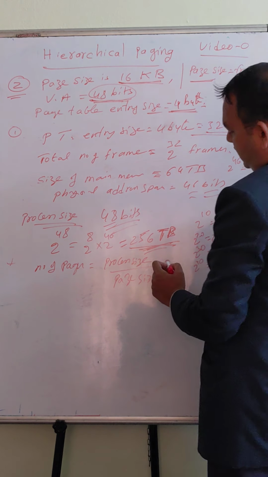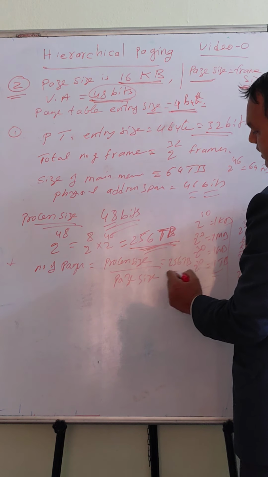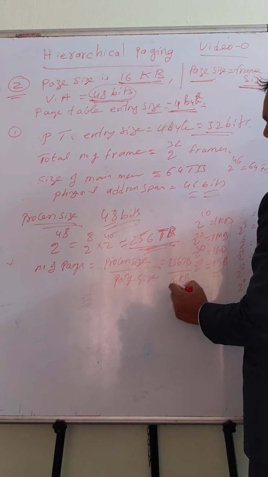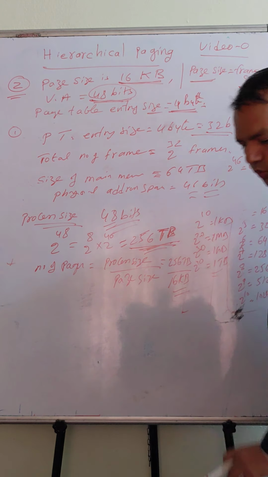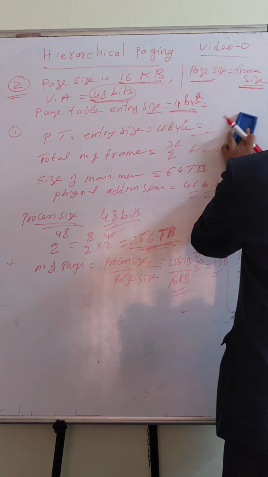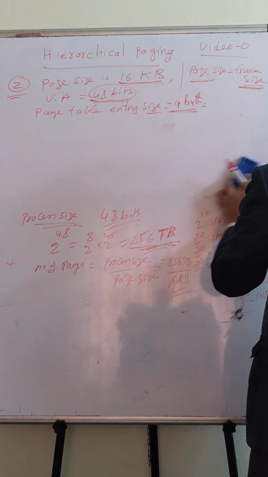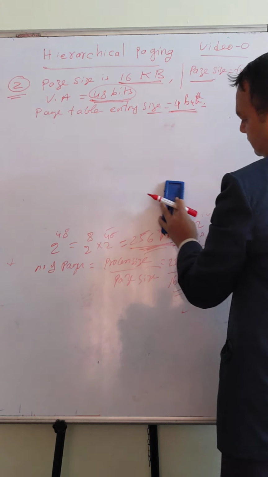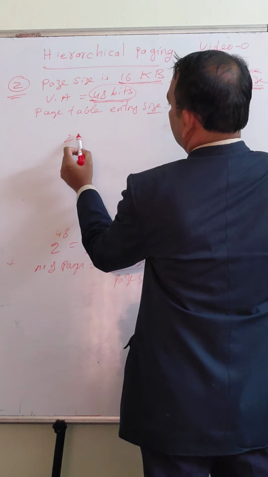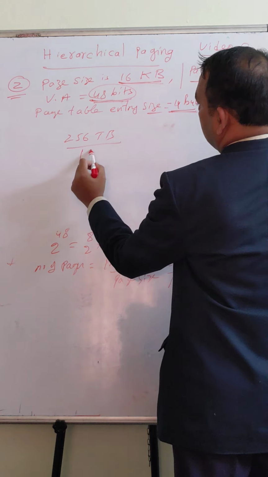Now what is process size? 256 TB, by page size of 16 KB. Now we will simplify this. I hope you have written it: 256 TB by 16 KB.